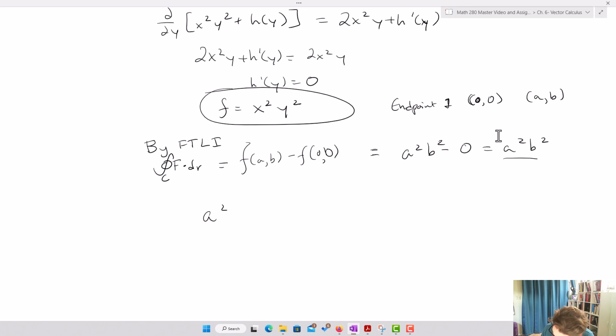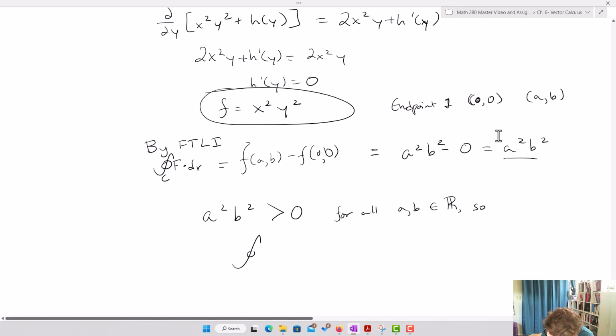Well, a squared b squared is going to be greater than 0 for all a and b, as long as a and b belong to the reals. So the line integral F dot dr, the work done, is going to be greater than 0 for all a, b.